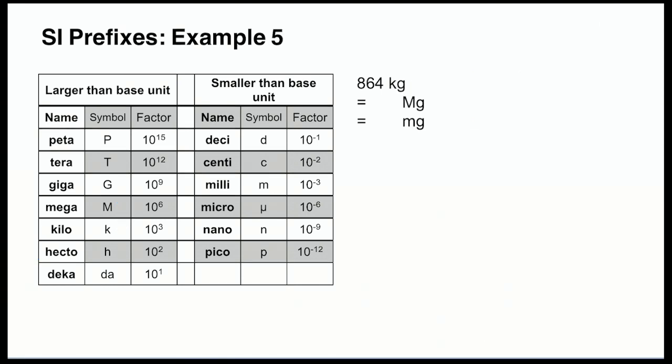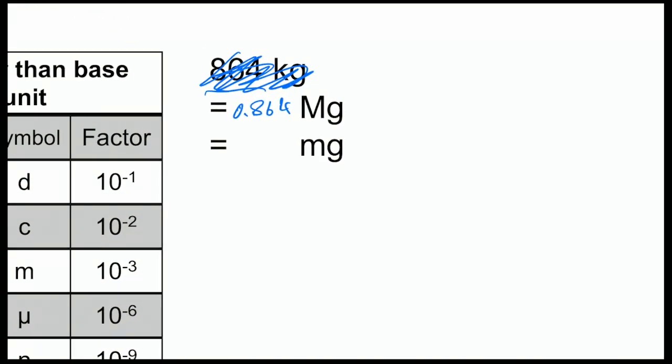Right, so this is the difference. Now let's take a different approach here. So 864 kilograms is 0.864 megagrams. If I just for a second forget about the base, and I'm going to go from megagrams to milligrams, this is an example that we haven't covered yet. Mega is 10 to the power of 6, and milli is 10 to the power of -3.